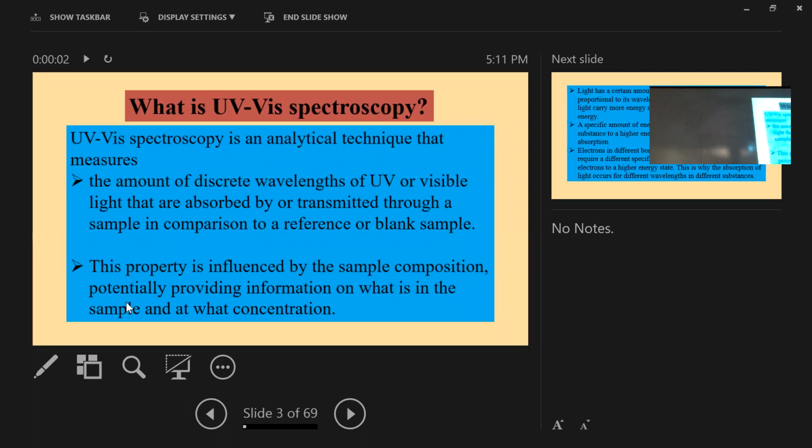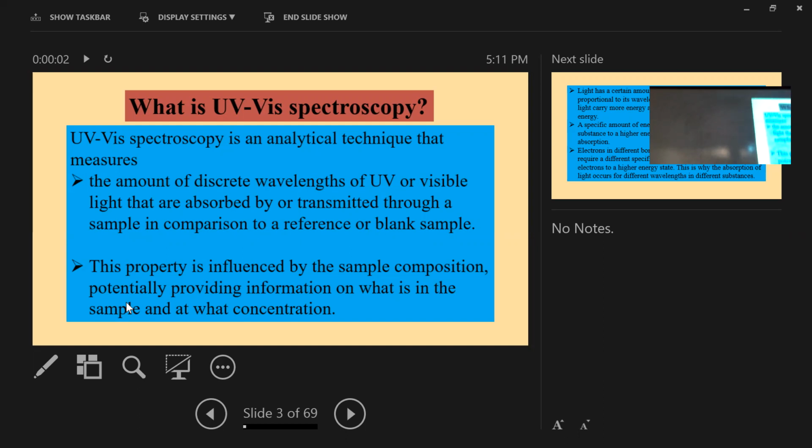If I consider the reference, right now I have nothing here. This is completely blank. So if I consider this as my blank, then with respect to this blank, we can measure how much the sample is absorbing or reflecting.